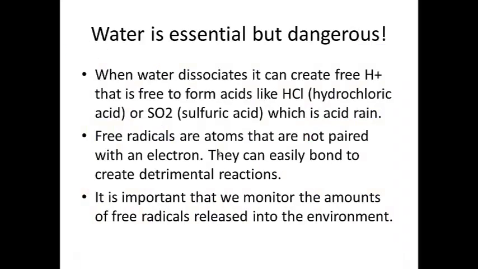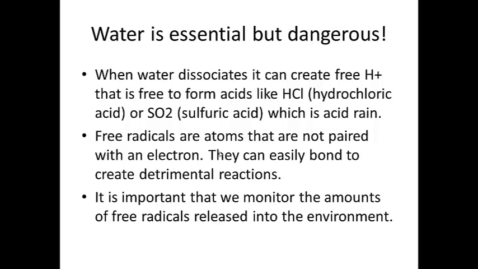Okay, so water is very useful for us, but it also can be very dangerous. That is because the water can dissociate, meaning it can create some hydrogens that are free and available to form other acids like hydrochloric acid or sulfuric acid, and those are the things that are in acid rain.